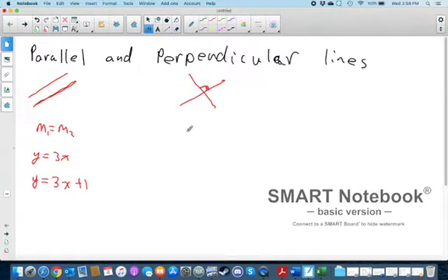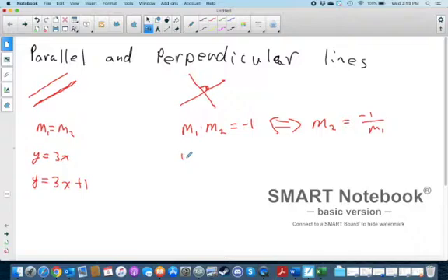Perpendicular lines, on the other hand, if the slopes of two lines multiply to give us -1, then the lines are perpendicular. This also means that we could say the slope of our second line is equal to -1 over the slope of our first line.